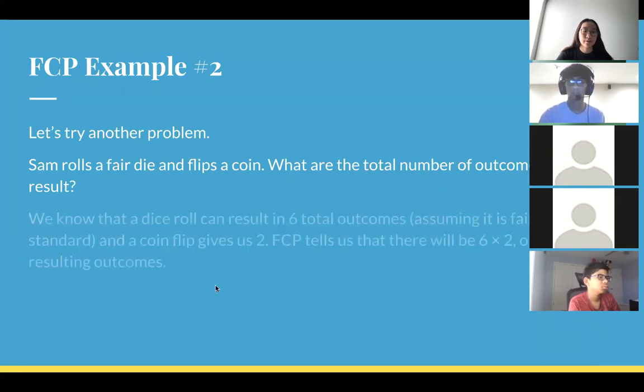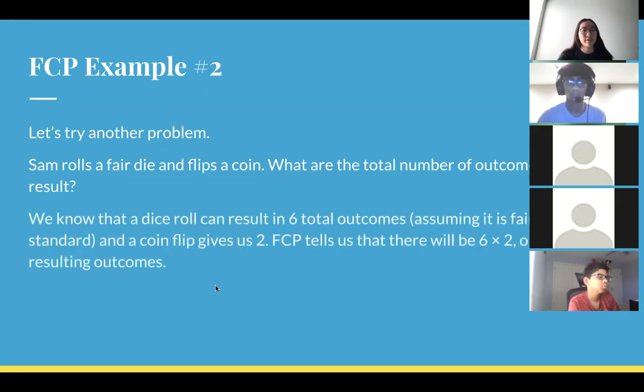And like Sanvi explains, we know that the dice roll can have 6 different outcomes. And it says that it's a fair die, so that makes sense. And the coin flip can give us 2 outcomes, either heads or tails. So using the fundamental counting principle, we multiply the possibilities for the first one, which is 6, by the possibilities for the second one, which is 2. So that gives us 12 possible outcomes.